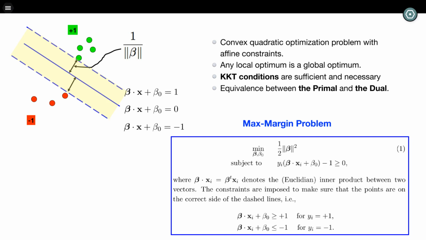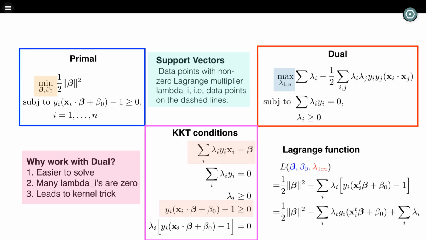Now, the next two statements are very crucial. We're going to talk about three problems: the primal, the dual, and the KKT conditions. And they are all equivalent in the following sense. I know this is a pretty busy slide, so let me talk about the three boxes. This is the primal problem.